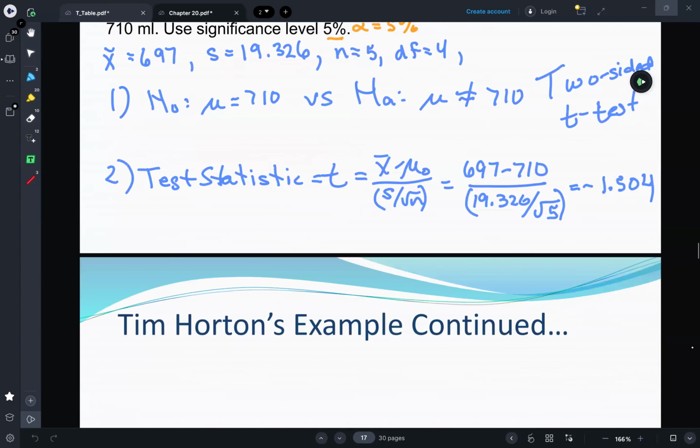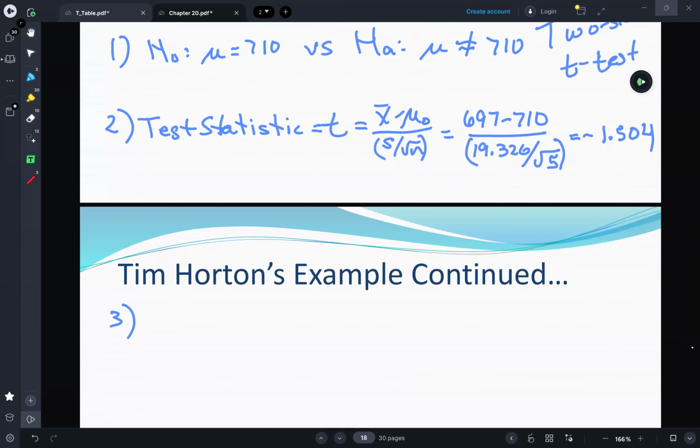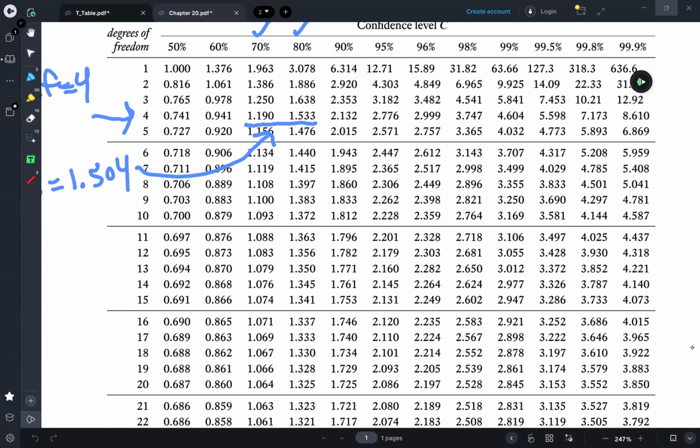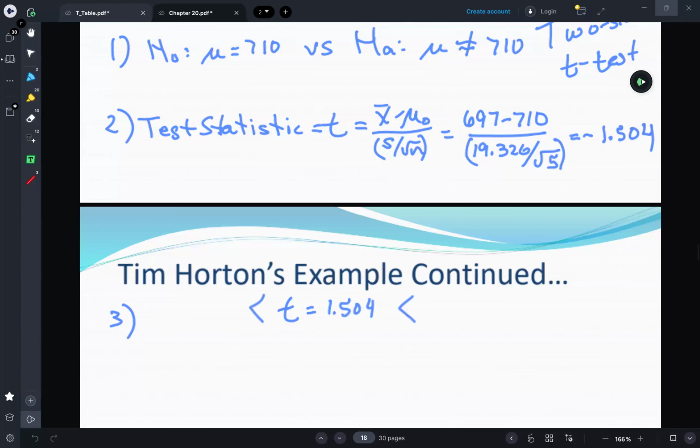So let's go back and write that down. So the t, which equaled 1.504, we just ignore the negative. It was between, what were the values? 1.19 and 1.533.